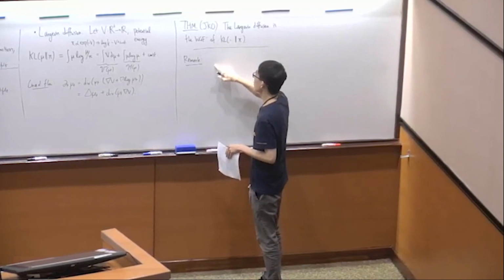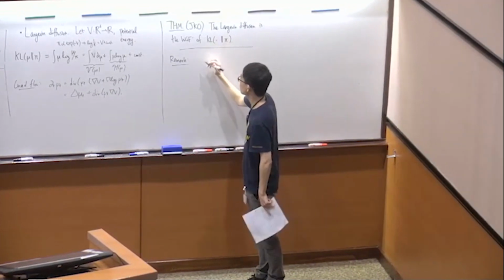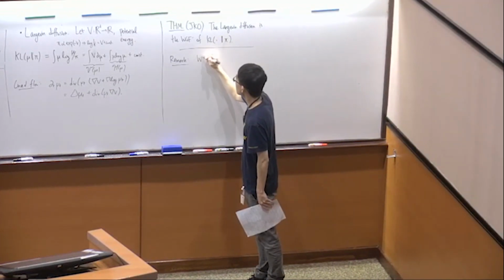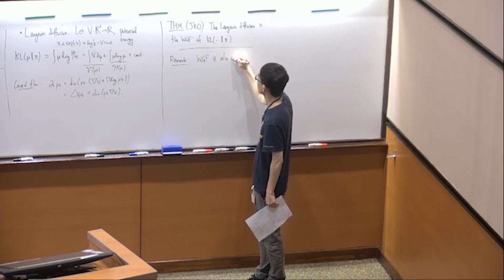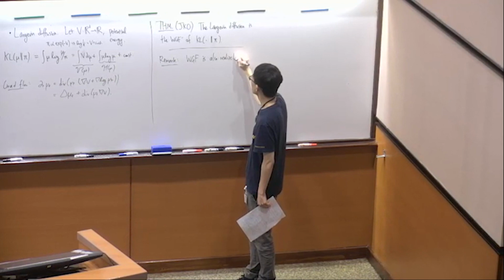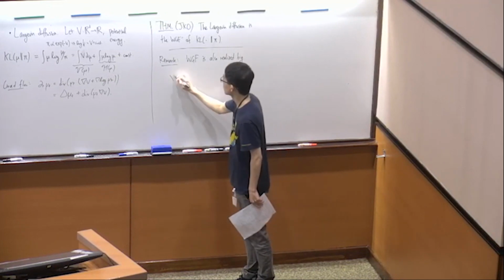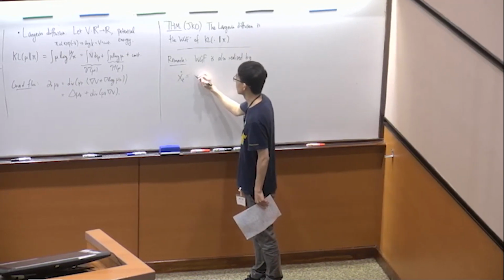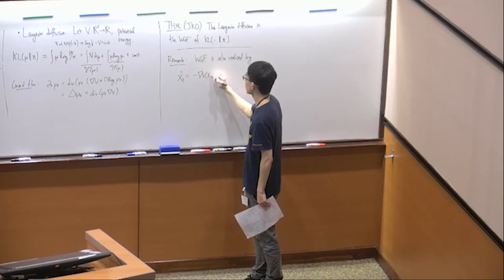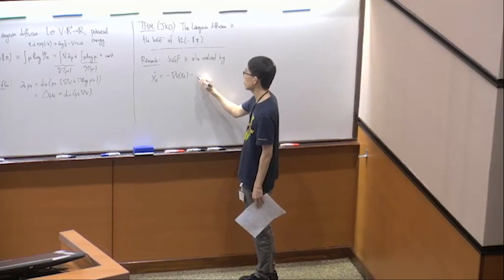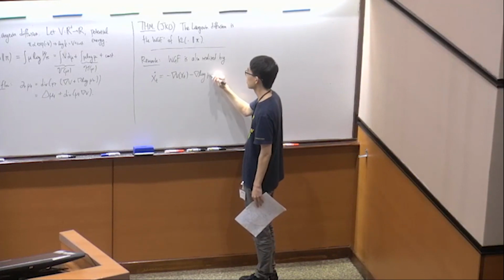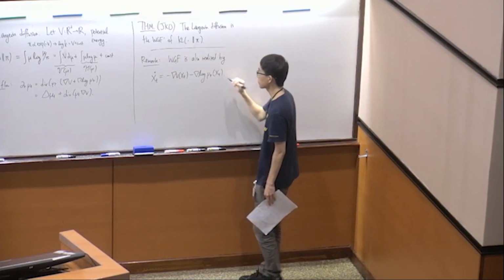So the deterministic particle evolution corresponding to this Wasserstein gradient flow is the following: I just treat the Wasserstein gradient flow as a vector field, and evolve my particles according to it.